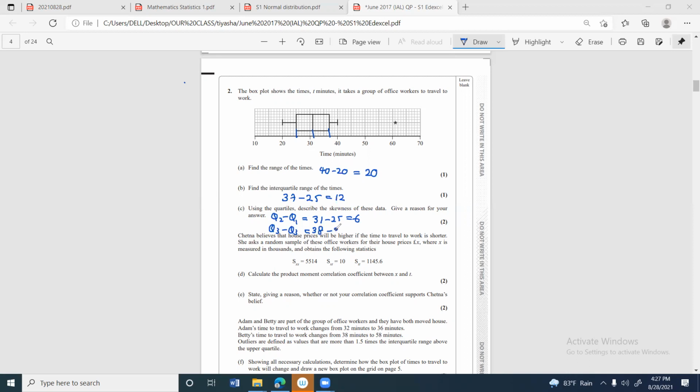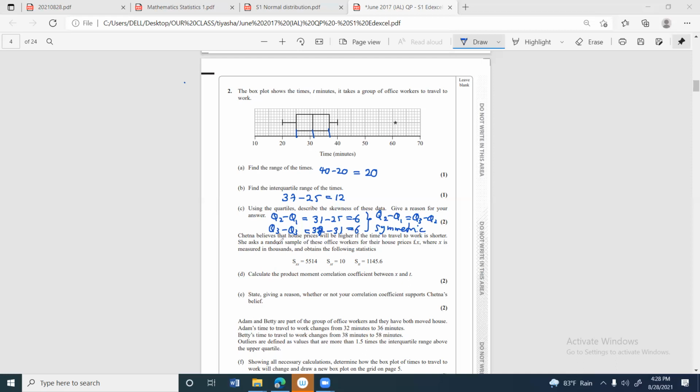Yeah, sorry, 37 minus 31. That one is also 6. Therefore, the gap is the same. Therefore, you can say Q2 minus Q1 is similar to Q3 minus Q2. Then what you can say is it's symmetric. We already learned this fact: if the gap between these quartiles is similar, we can call it symmetric. If this gap is narrow, it's positively skewed. If this gap is negative, it's negatively skewed. That's how we work this out.